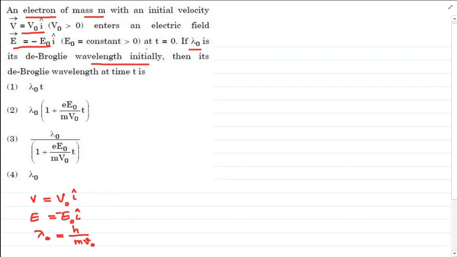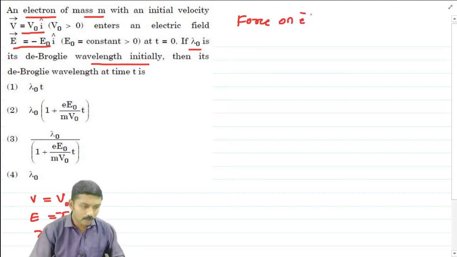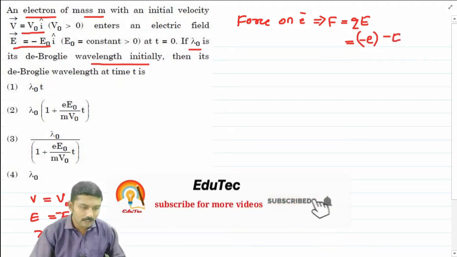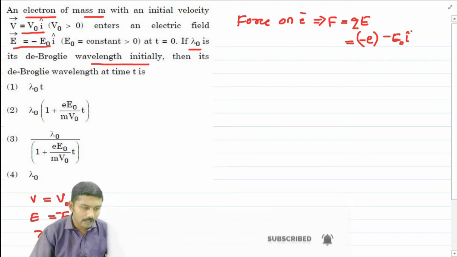The force on the electron will be equal to Q times E. I can write this as minus e, which is the charge of the electron, multiplied by the electric field, which is already given in the question, which is minus E naught times i cap.